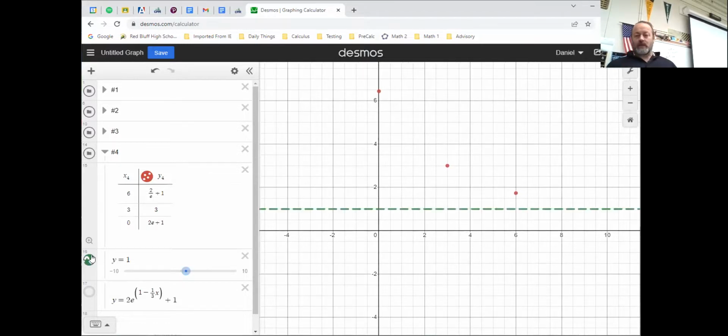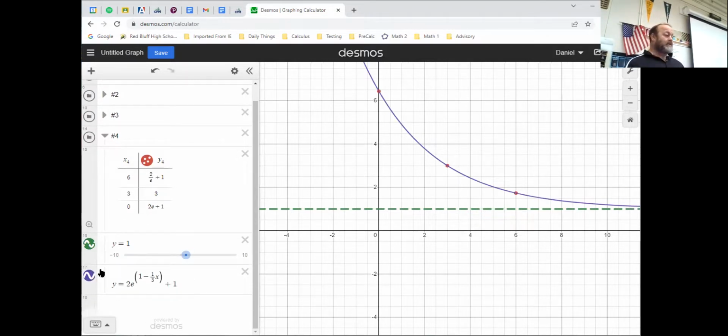I had that horizontal asymptote at 1 that we had listed previously, and then I typed in the question literally in the exact same format the test was given, just in case I made a mistake in factoring and whatnot. But I've got that thing right there.